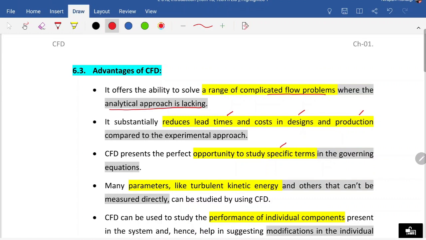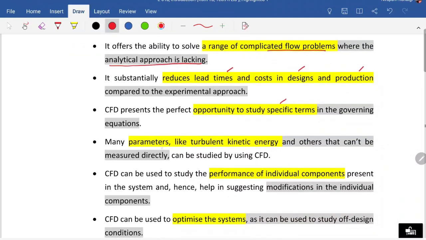Same thing for pressure, velocity, etc. Many parameters like turbulent kinetic energy and others that cannot be measured directly can be obtained in CFD. You don't have probes to measure turbulent kinetic energy, or even if you have, they are complicated ones, while with calculations you can find out immediately.